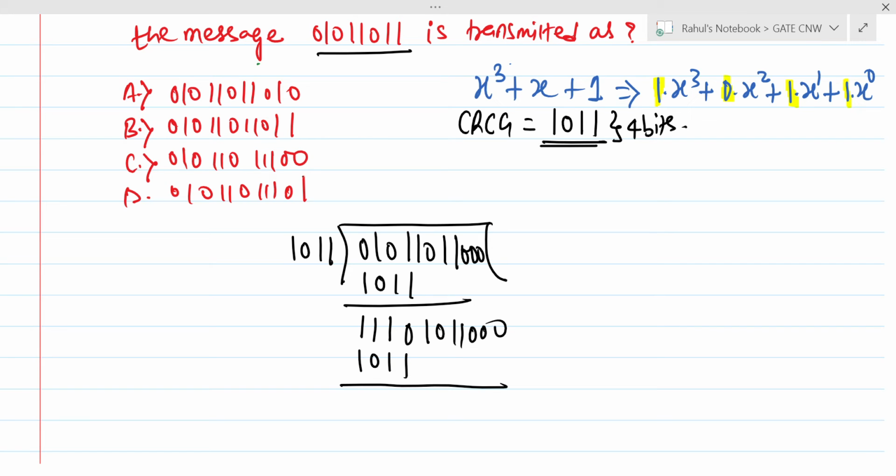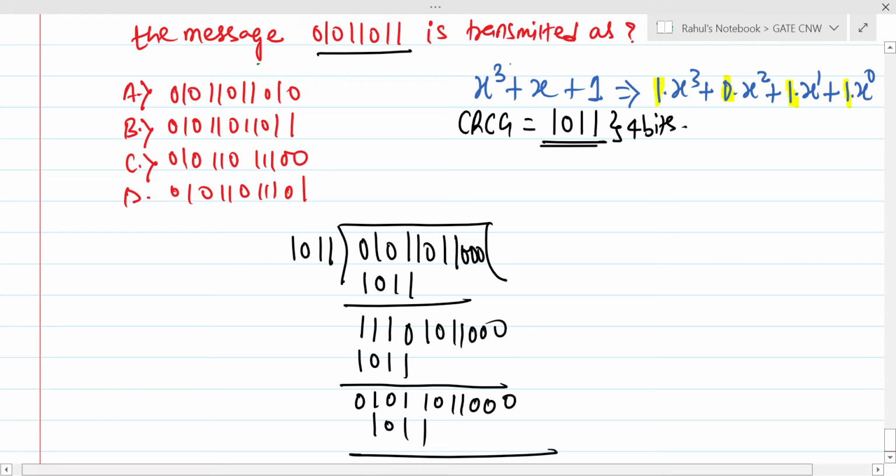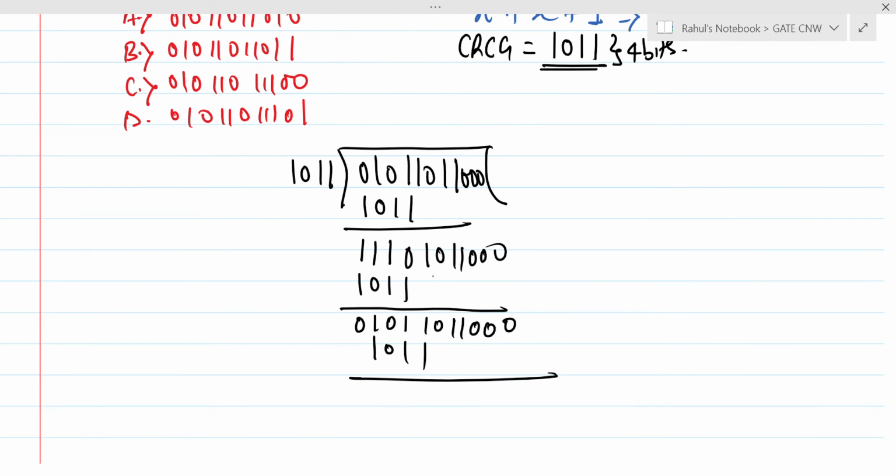So 1 1 is 0, 1 0 is 1, 1 1 is 0, 0 1 is 1, 1 0 0 0. Again 1 0 1 1. So here we got 0 0 0 0 and 1 1 0 0 0.